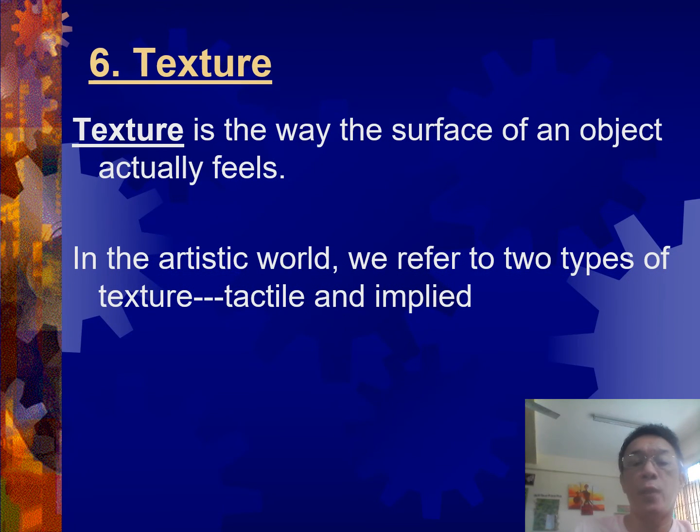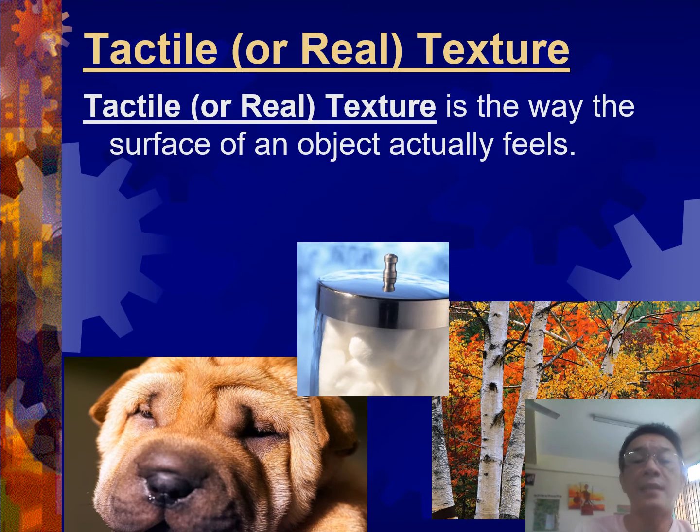We have the texture. What is this texture? Texture is the way the surface of an object actually feels. In the artistic world, we refer to types of texture. We have the tactile and the implied.